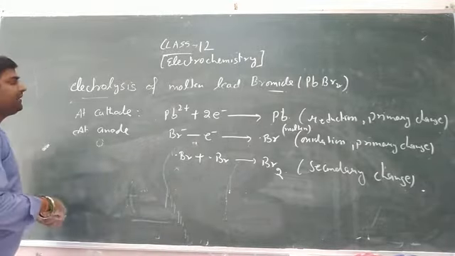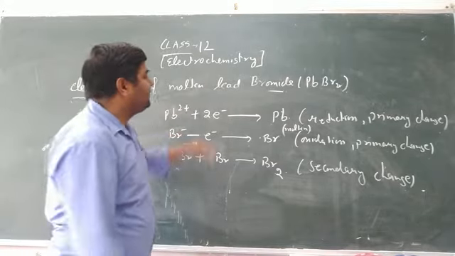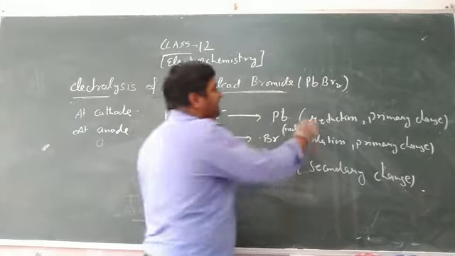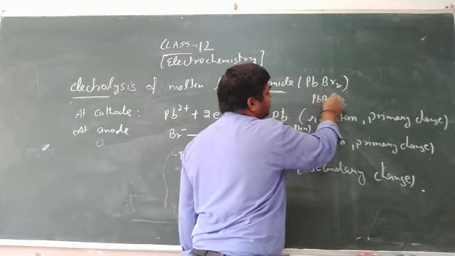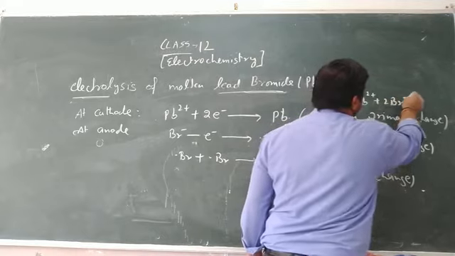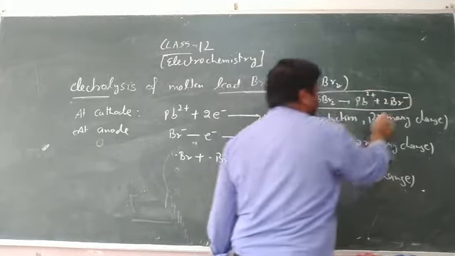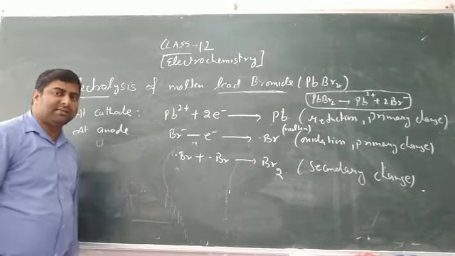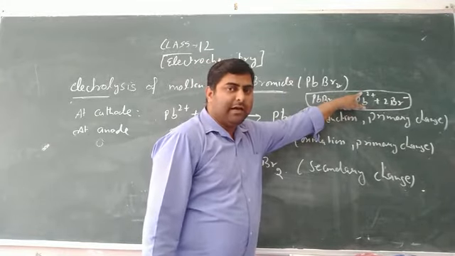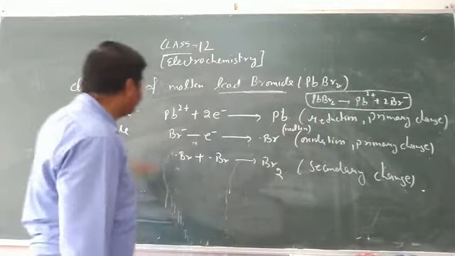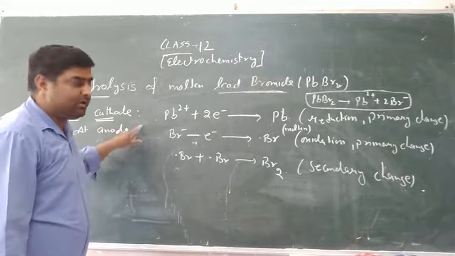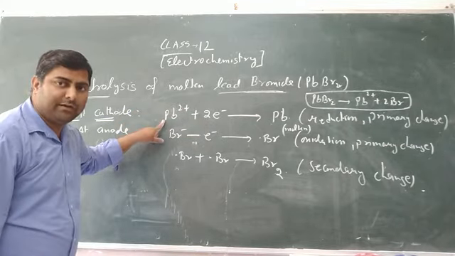Now let us discuss the electrolysis of molten lead bromide. We know that lead bromide, PbBr2, when it dissociates, forms lead ions plus bromide ions. So when the electrolysis process is carried out, the Pb2+ ions, since they carry positive charge, get drifted towards cathode, and after reaching cathode, they gain 2 electrons from the cathode.